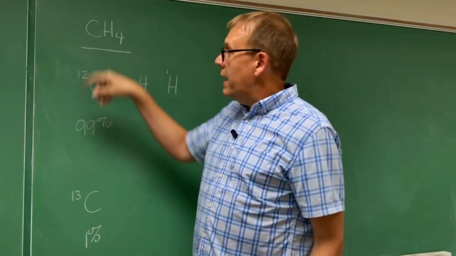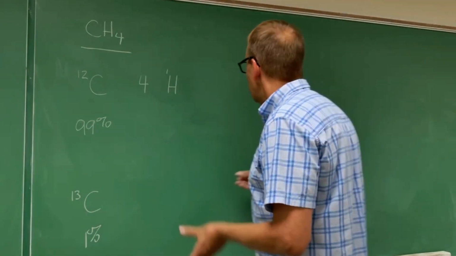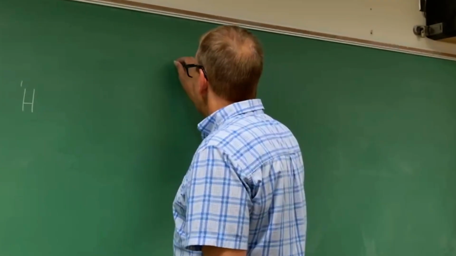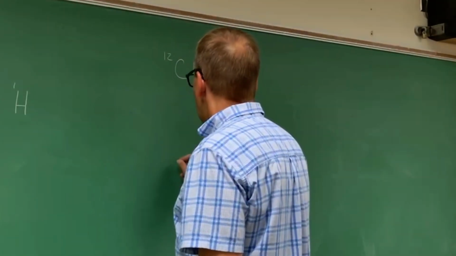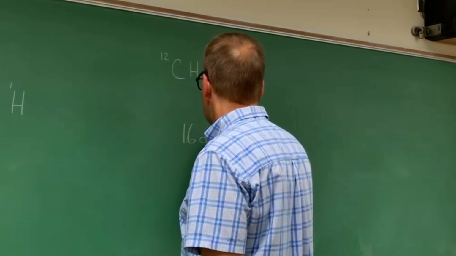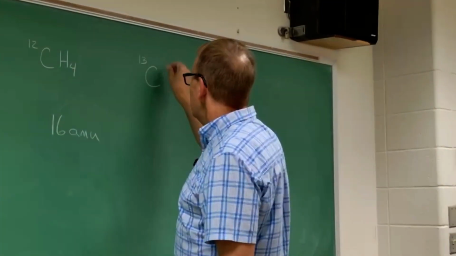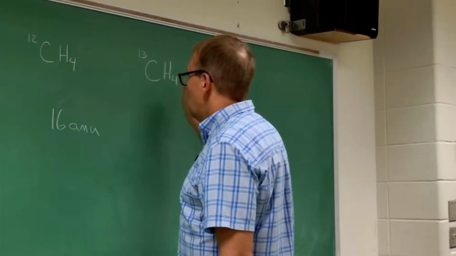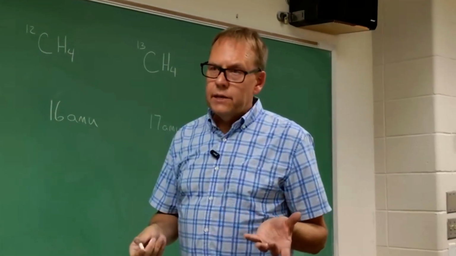When you add up the masses of the atoms in all these scenarios, the molecule where it's carbon-12 weighs 16 atomic mass units. The one that's got a C13 in it weighs 17 atomic mass units, because it's got that extra neutron.